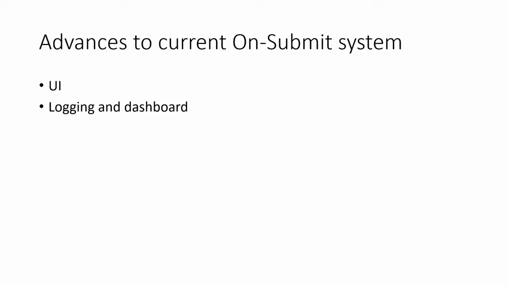The other is logging and dashboard. When you're doing these actions, you want to know that they happened, and sometimes you need to track them. As we know, some of the things that need to be done may be done with the post data, where you're actually calling a web service, and certain things could fail. They could throw their own errors.